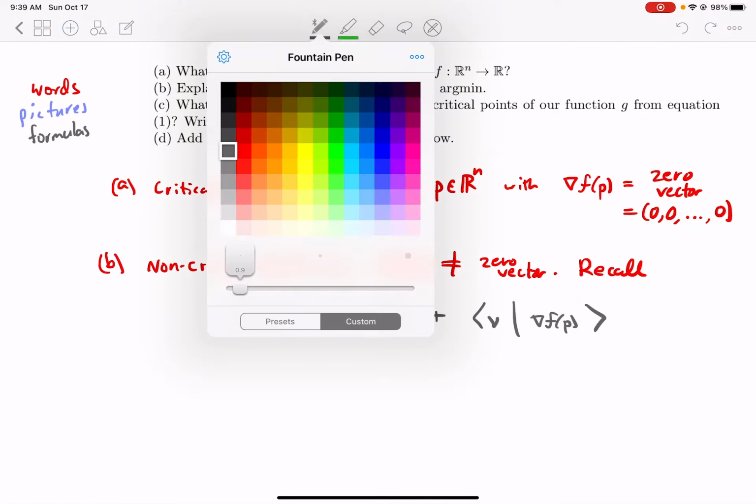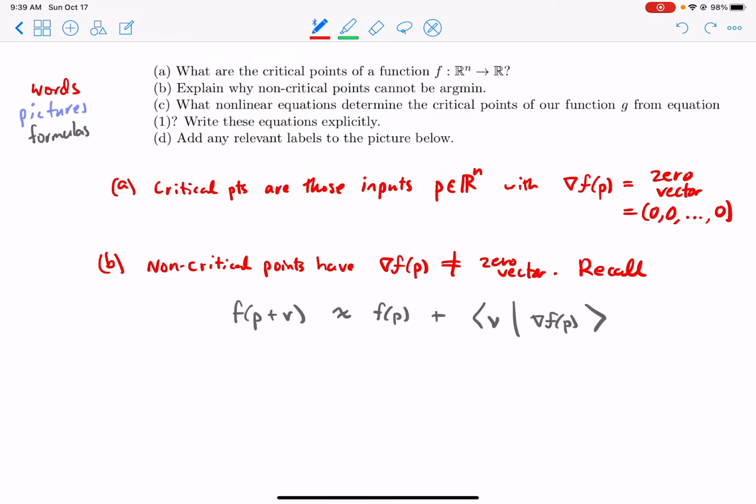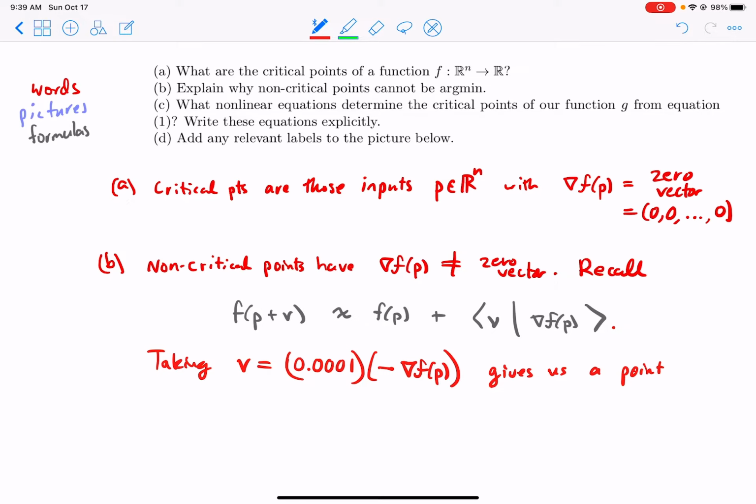Okay. So recall this formula. Taking v equal to some very small movement in the direction of minus the gradient vector at p. So that's a non-zero vector. It's an actual movement. We can just go a very small amount in that way. Gives us a point p plus v.